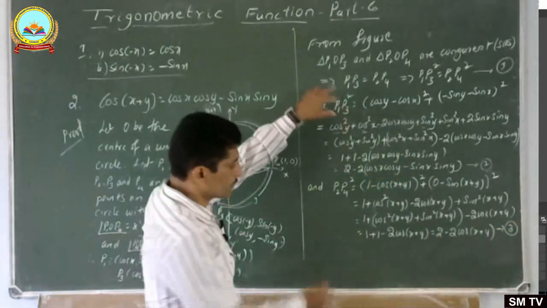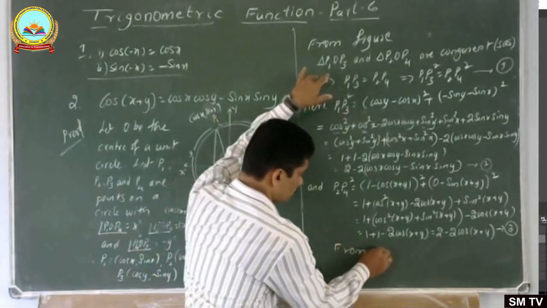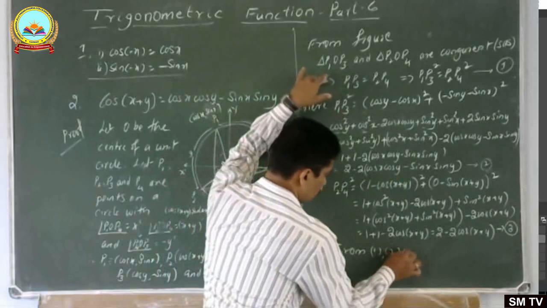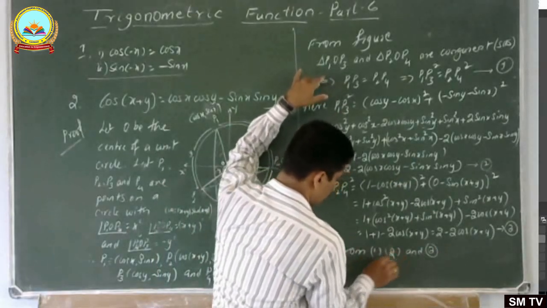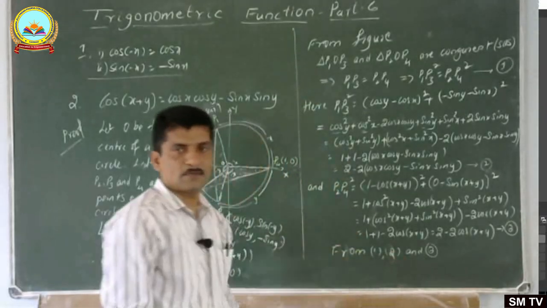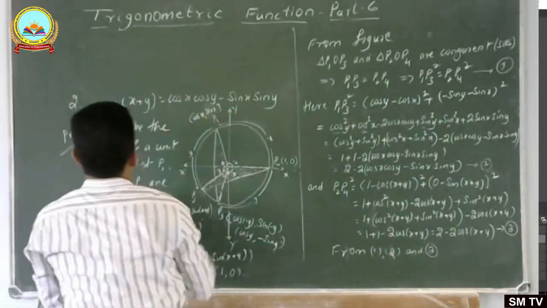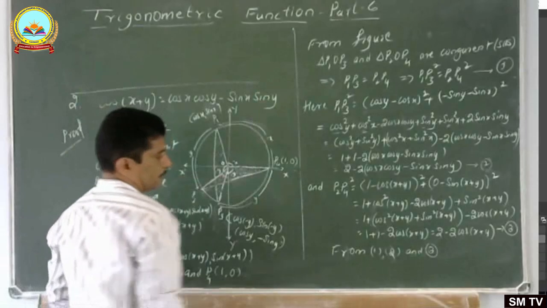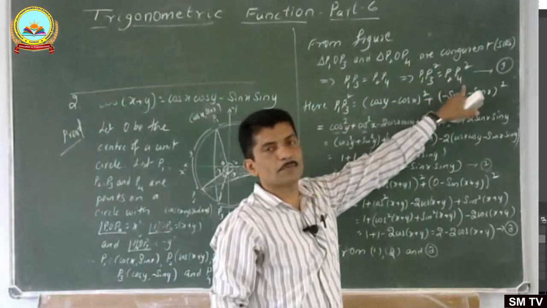We are using these three results from 1, 2 and 3. We are using result 1, result 2 and result 3. From 1, P1, P3 square is equal to P2, P4 square.